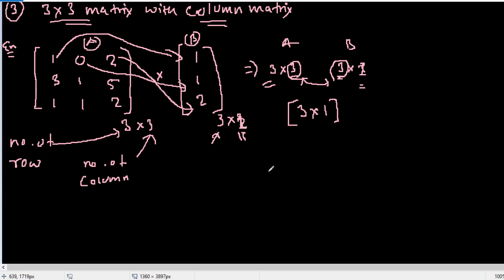Okay, so let's proceed. Number it: 1, this one is 2, and this one is 3. So the first one is 1 cross 1 plus 0 into 2 plus 2 into 4. Clear?